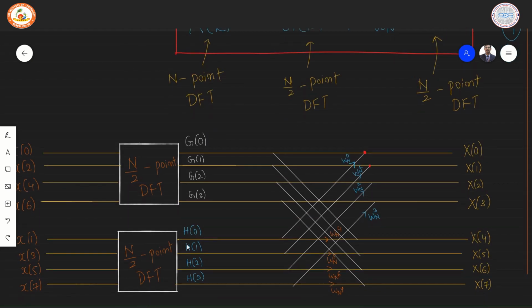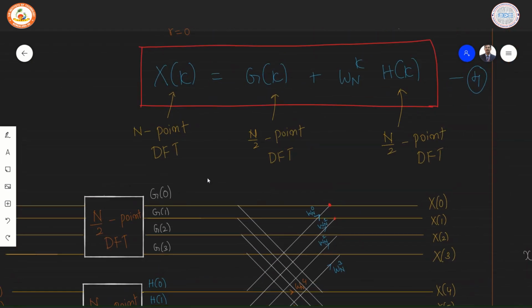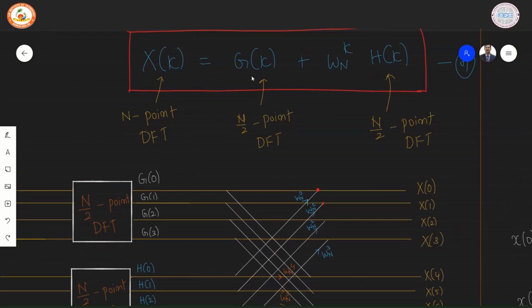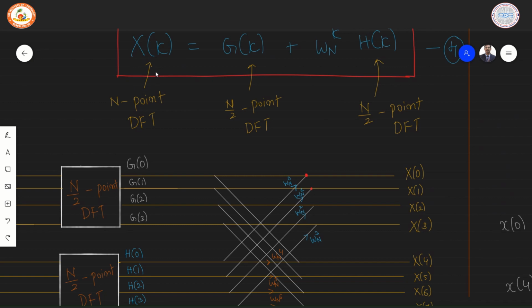Similarly, H of k represents the DFT of the set of inputs which were odd. So we got the results G0, G1, G2 up to G3, and we got the answers H0, H1, H2 up to H3. Now equation 4 teaches us how to combine this G of k and H of k to get the output called X of k.